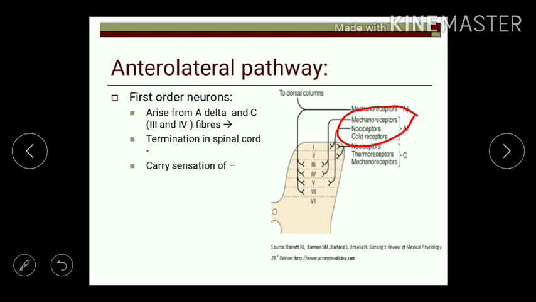These fibers end in lamina 3, 4 and 5, you can see, as well as lamina 1. Whereas C fibers carry sensation from nociceptors, thermoreceptors and mechanoreceptors, and they end in lamina 1 and 2. The anterolateral pathway carries sensation of pain, temperature and crude touch.